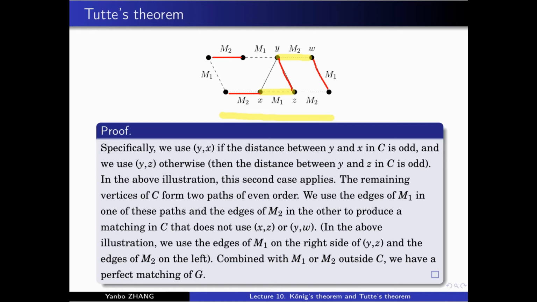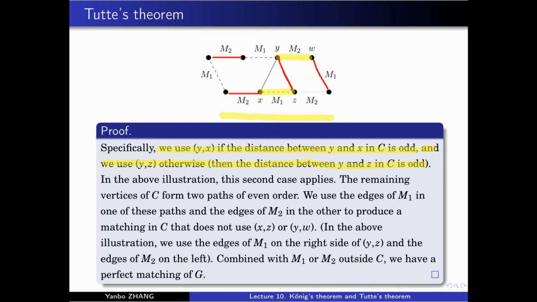So how to find such a matching in a general cycle? We use yx if the distance between y and x in C is odd, and we use yz otherwise, then the distance between y and z in C is odd.